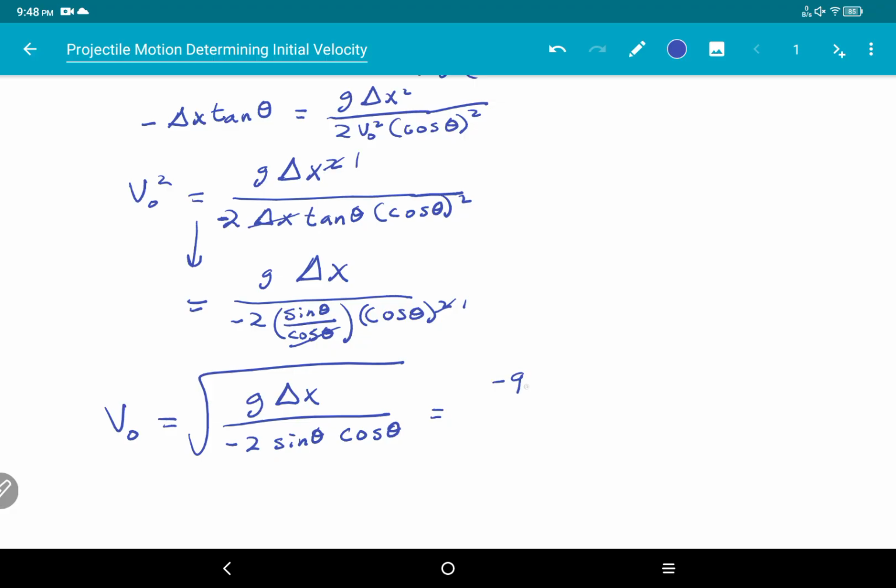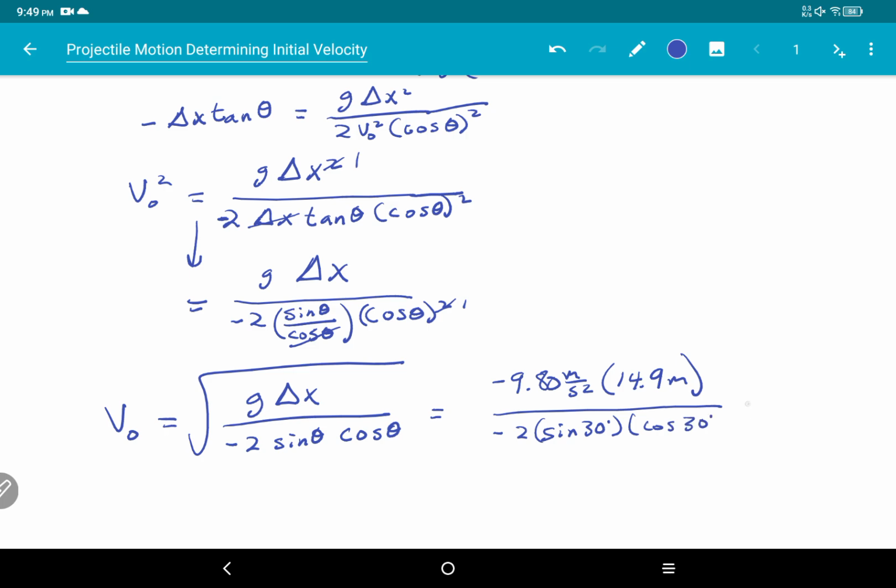Well, let's plug in our values and see what number we're going to get. We're going to have negative 9.80 meters per second squared times the 14.9 meters from above, over negative 2. That's good news. The negatives are going to drop. Sine 30 degrees times cosine 30 degrees.